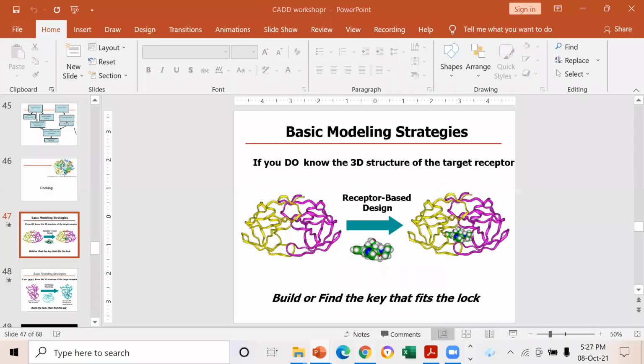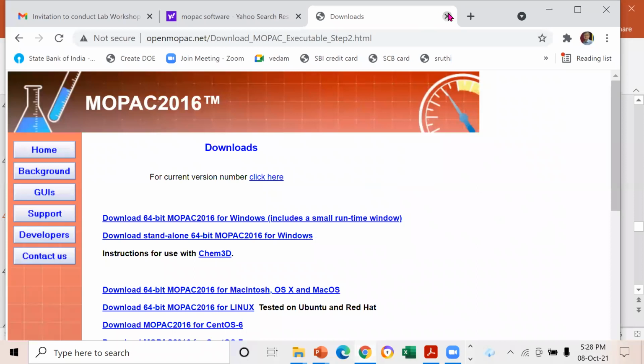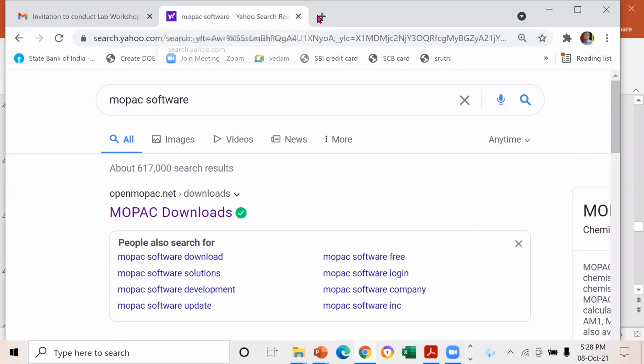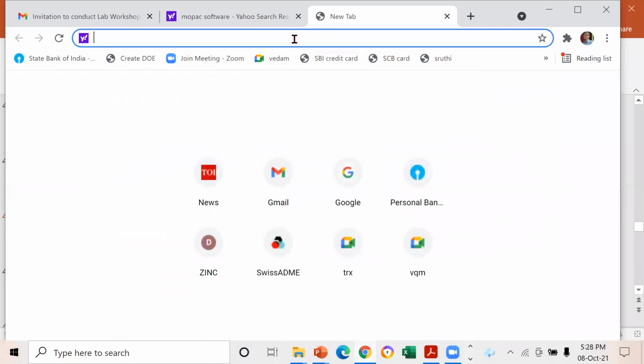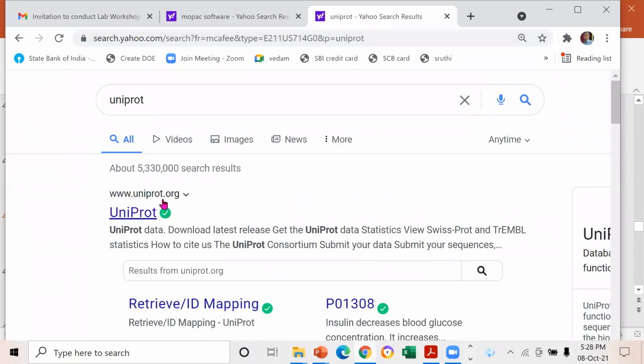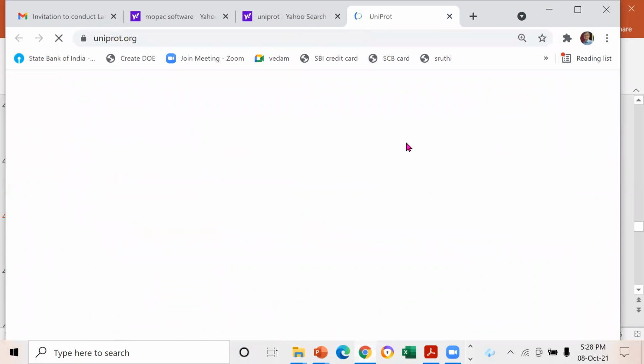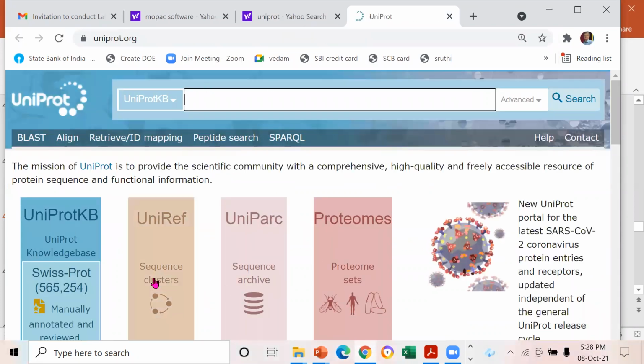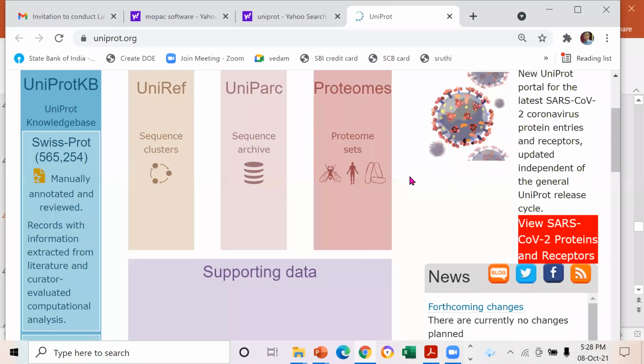So one is called UniProt. This is a database which gives you the sequences of lots and lots of proteins.